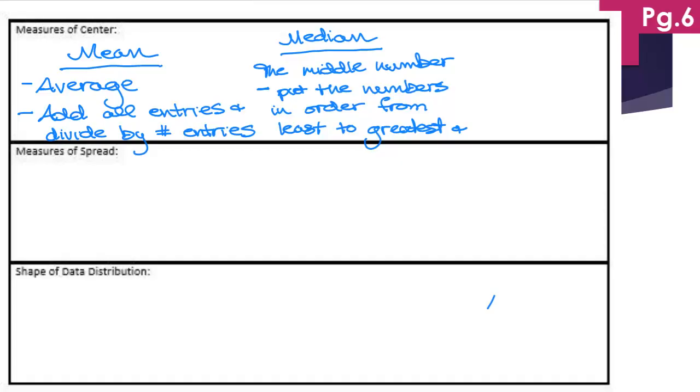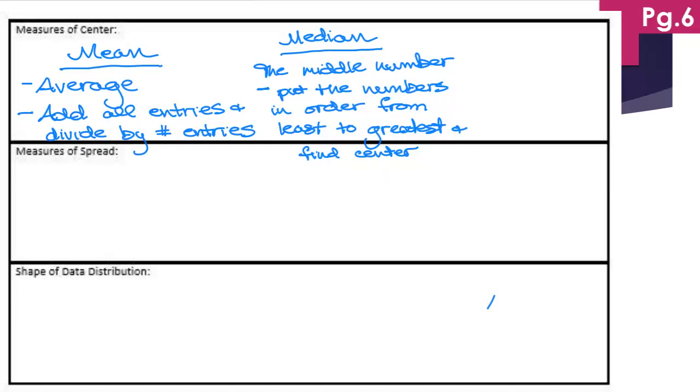And then you find the center. Okay? So these are 3 different methods for finding the center. You could take the mean or the average, add them all up, divide by how many numbers you have. You could take the median, where you start from smallest number to largest number, and then count and find the center. And if you have an even number, there's a way we deal with that too. You just take the average of the middle 2 numbers. We'll get to that later.